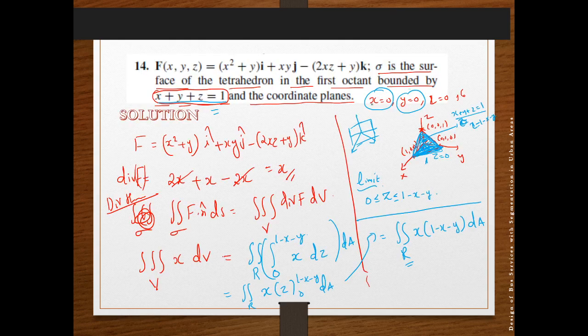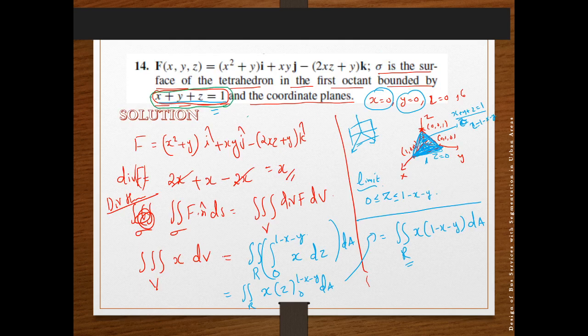So in the xy plane, it is cut by x equal to 0, y equal to 0, that is this line, and also we have the surface x plus y plus z equal to 1.